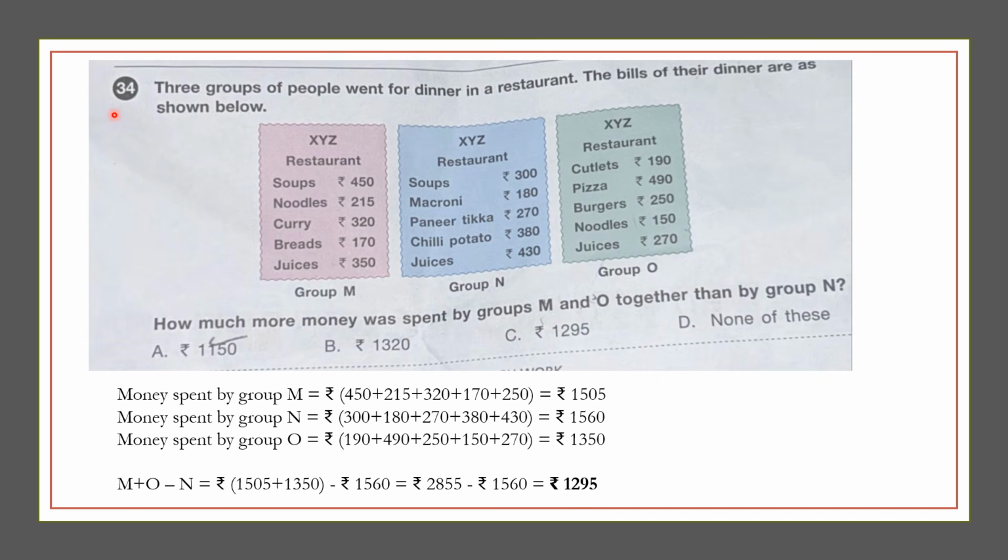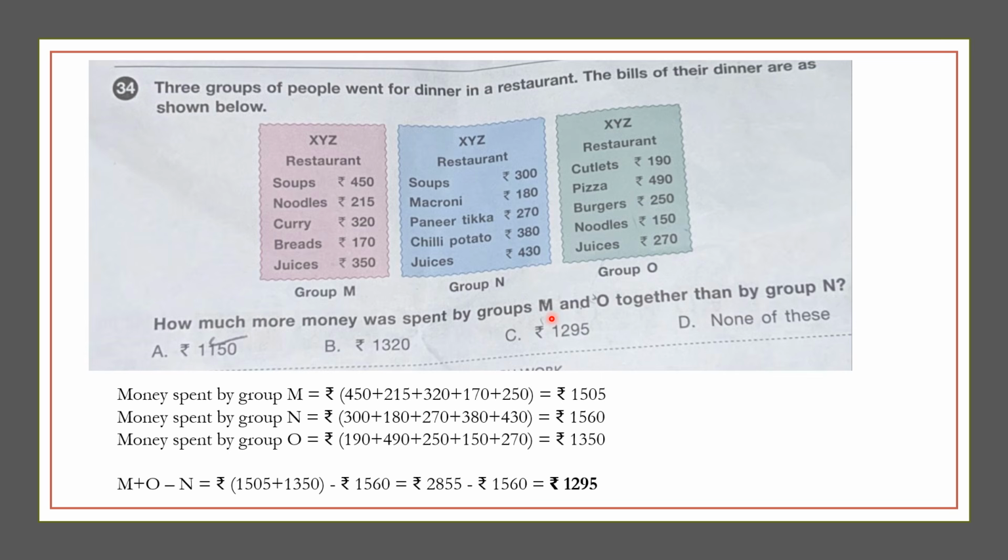Question number 34. 3 groups of people went for dinner in a restaurant. The bills of their dinner are as shown below. How much more money was spent by groups M and O together than by group N? So money spent by group M is the total of this, which is 1505. N is the total of this, which is 1560, and O is this, which is rupees 1350.